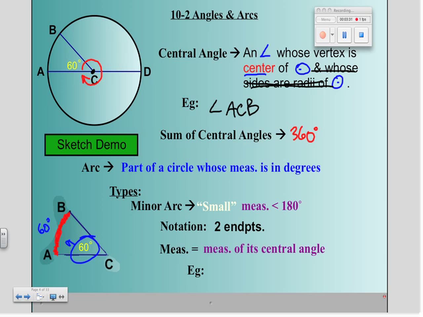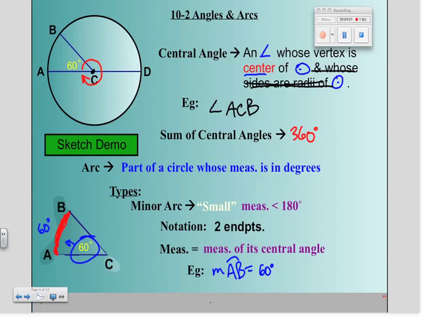Now later there are other special types of segments and arcs that will be used. You want to make sure that you highlight these so you can see how you find the measurements of either your arcs or your angles. So in this case, with our notation, we can now name arc AB with the appropriate notation and say that it equals 60 degrees.